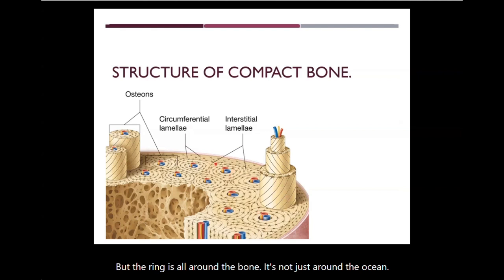It's not just around the osteon. Do you see the one in the back, right? That's called circumferential lamella. That term comes from the circumference of a circle, right? Circumference. So that's a circumferential lamella. And then the lamella around each osteon is an interstitial lamella. Okay? And each one is an osteon.